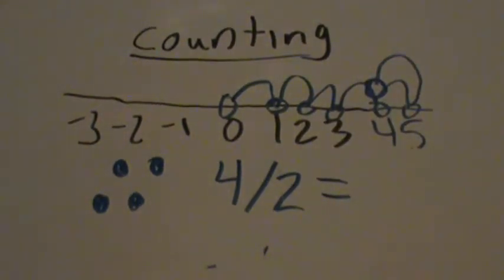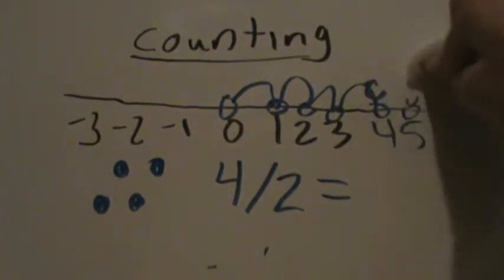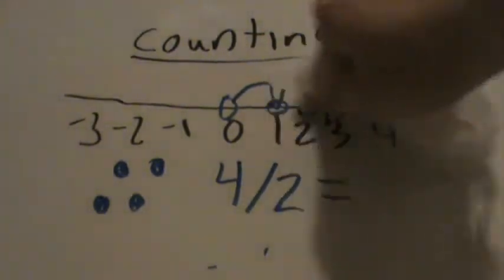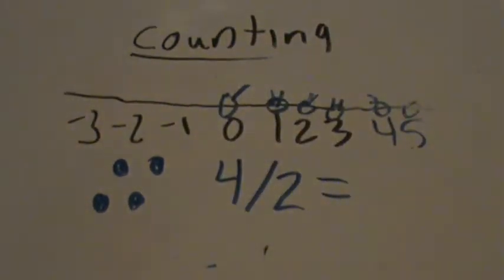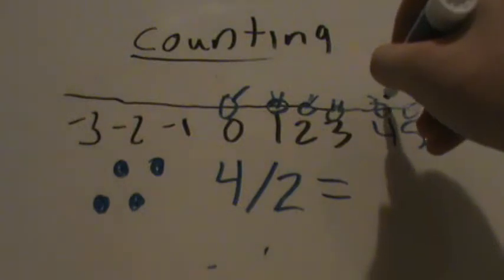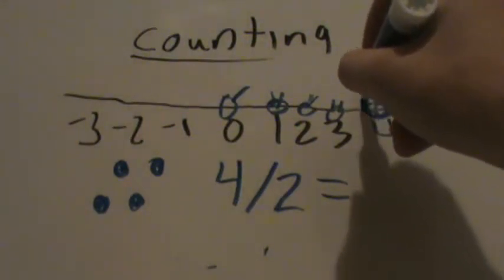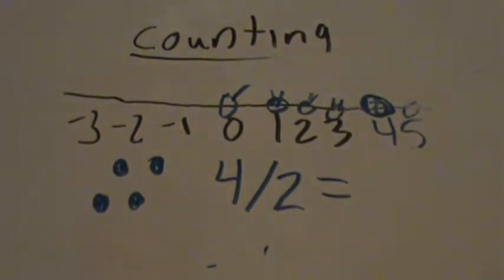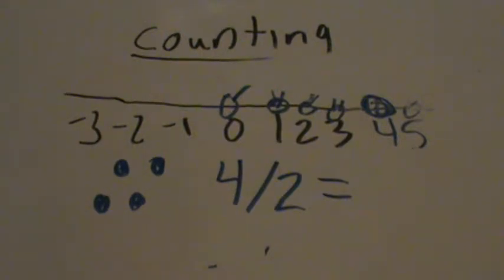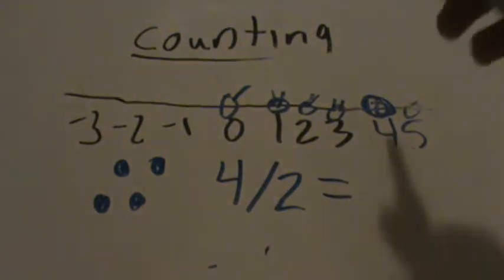Now, think about it this way. Basically, on the number line now, we're at 4. We're starting at 4. Now we basically want to know how many positions we want to go until we have a remainder of 0.